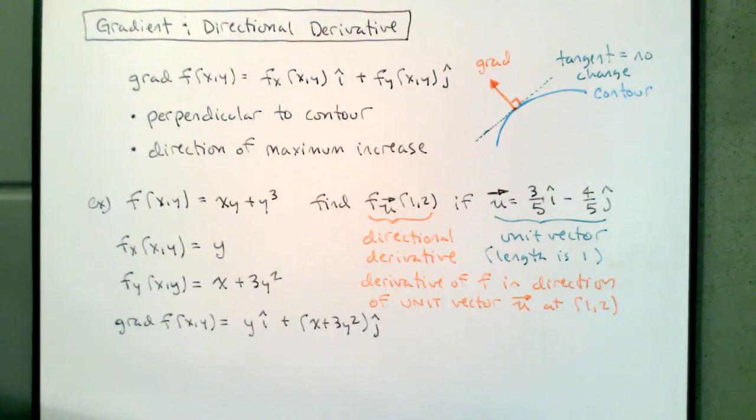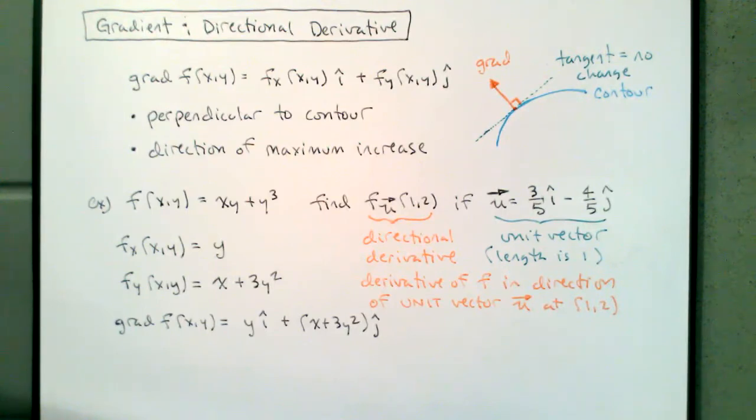Also, the directional derivative should tell us something similar to what we had in the derivative. It should tell us how much f is changing. And f is a scalar function. So I got these two vectors, one telling the direction of maximum increase, and some other vector u, which is just some direction in the plane. I've got to combine these two vectors to come up with a scalar that tells me how much the function is changing.